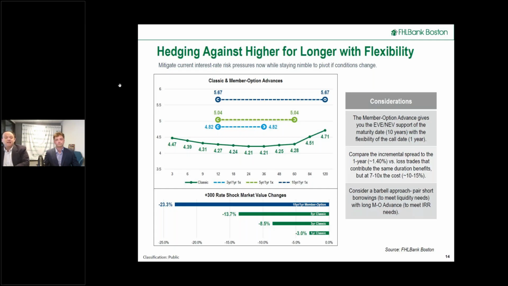But we're adding a very, very long liability, not being locked into it, right? Because that's the structure of the advance. So we're adding 7.5 years of duration. Well, what happens if we take off 7.5 years of asset duration, i.e. sell a security or sell a loan? That gets the EVE or the NEV calculation to the same place, right? Take off 7.5 years of asset duration or add 7.5 years of liability duration.